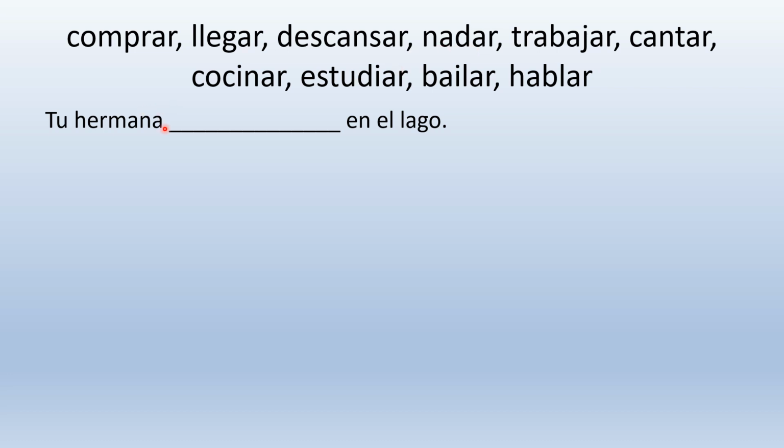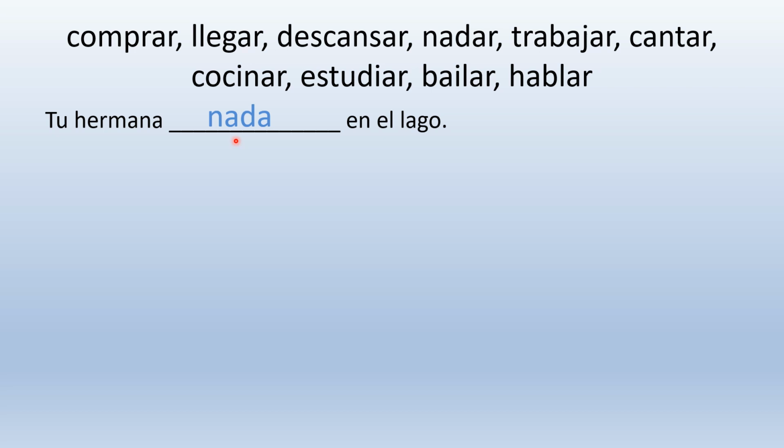So, tu hermana nada en el lago. So, repeat. Tu hermana nada en el lago. Your sister swims in the lake. Good job. And if that word nada looks familiar, you may have seen it to mean nothing.